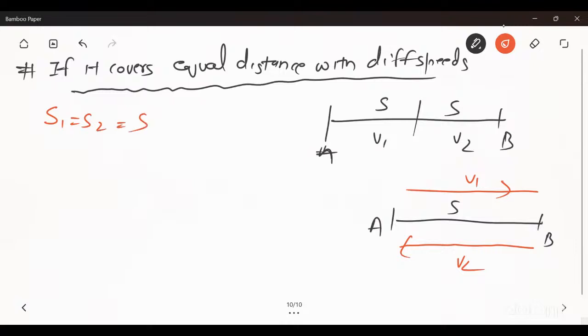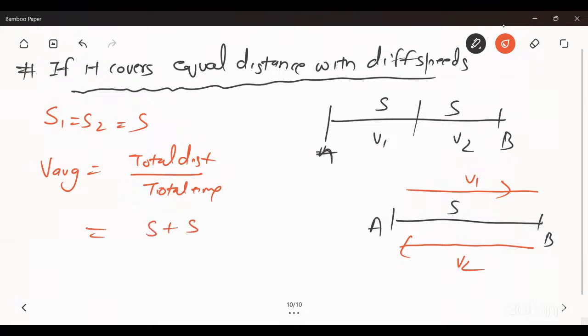So when it covers equal distances, S1 equals S2 equals S. The average speed is total distance upon total time. The total distance in both cases is S plus S. Time we do not know, so we write T1 plus T2, where T1 is S upon V1, since time is distance upon speed.